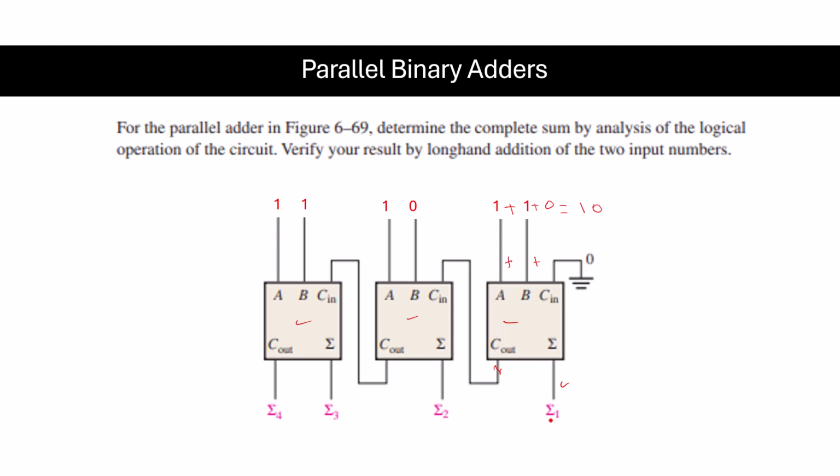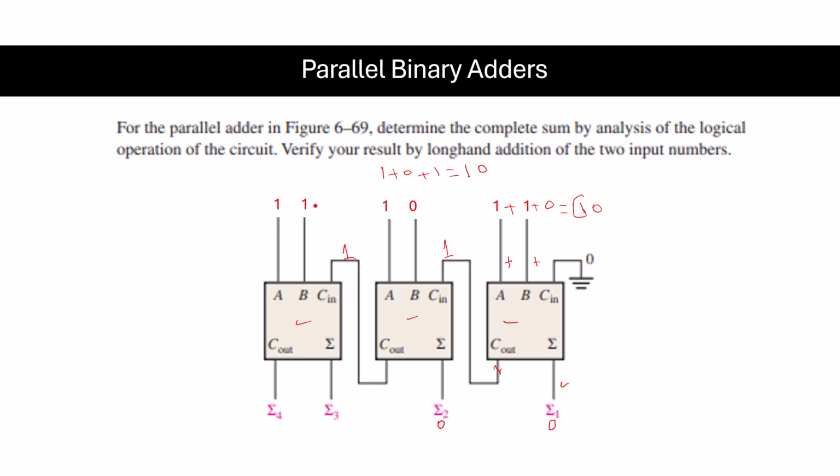This means we're going to have here 1, 0, and this carry is going to be propagated here. Now we have 1 plus 0 plus 1. I'm just rewriting these. So again, 1 plus 0 plus 1 is just 2. Again 1, 0. So the result will be here 0, and we have a carry here.